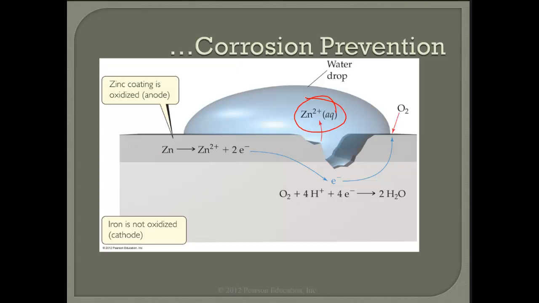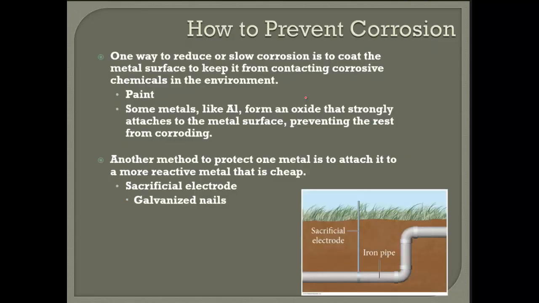One way to reduce or slow corrosion is to coat the metal surface to keep it from contacting corrosive chemicals in the environment, such as painting it, or coating it with another metal, like aluminum or zinc, to form an oxide that strongly attaches to the metal surface, preventing the rest from corroding.